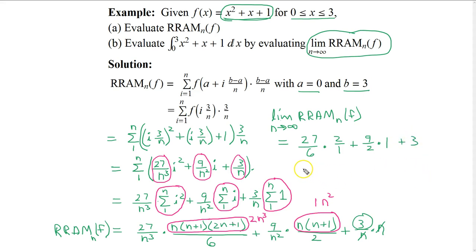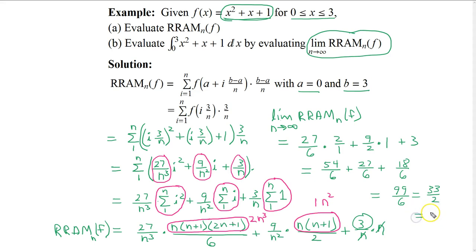And then simplifying this, and finding a common denominator, and then just adding everything up, we're going to get 99 over 6, or 33 halves.